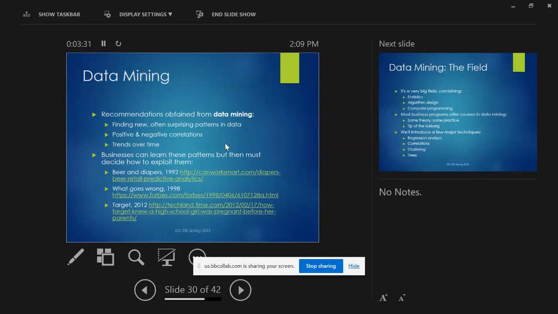So the classic way data mining used to be done is for all of those advertisements that you would get in the mail, right? So Target sends out a catalog every month. They got to look at different zip codes and try to figure out, oh, zip code A is interested in this set of items, so we'll craft our catalog to include those. Zip code B is interested in a different set of items, right?